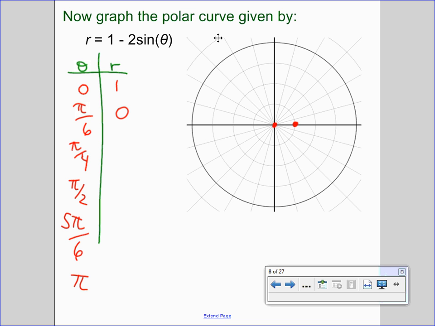Oh, I should have made it smaller. The pi over 4 direction. Sine of pi over 4 is root 2 over 2, times 2 is root 2, and 1 minus root 2, oh, this feels familiar, 1 minus root 2 is 1 minus 1.4, which is negative 0.4.